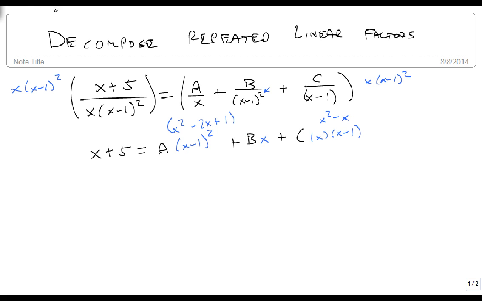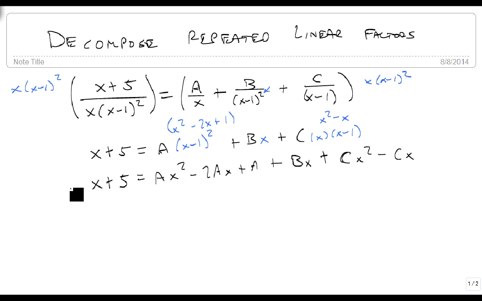So here we go. We take our pieces in, and we distribute them. So we're going to get x plus 5 equals Ax squared minus 2Ax, plus A, plus Bx, plus Cx squared minus Cx. All right. Well, notice that we have x squareds over here, but we don't have any over here.